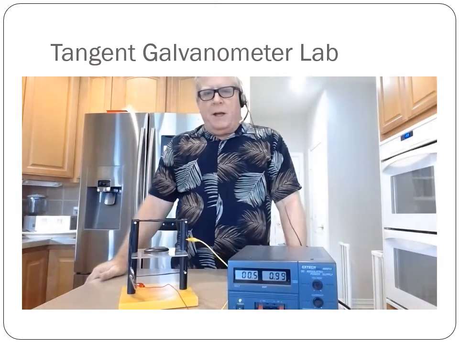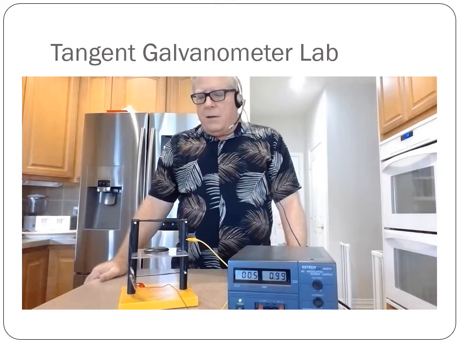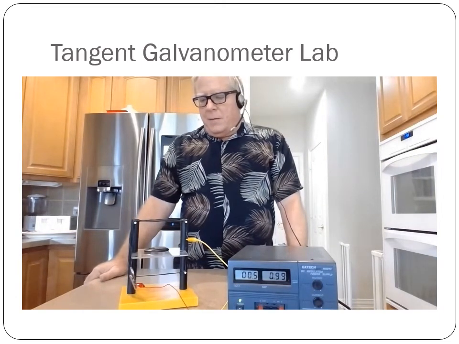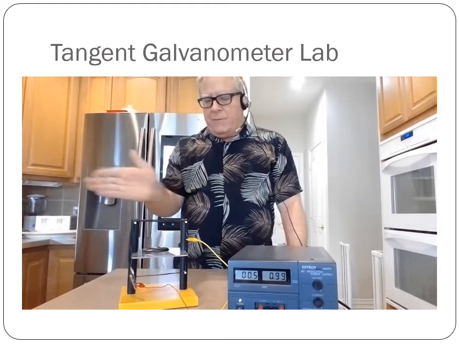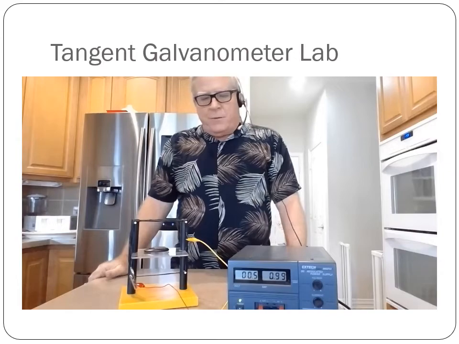So right now we're getting a 45 degree deflection of my compass needle. That is to say, the angle between the net magnetic field and the north, if you will, is 45 degrees.